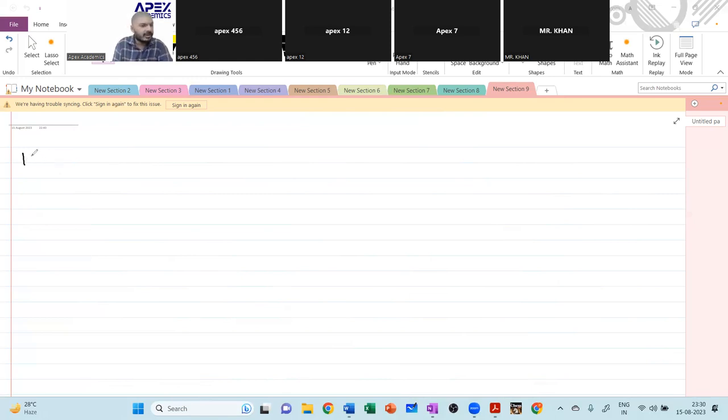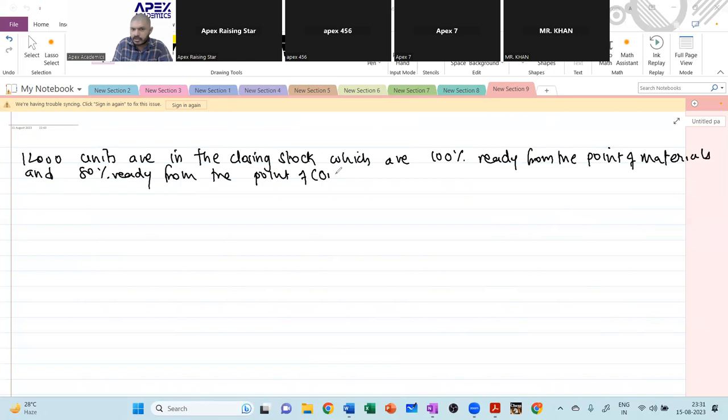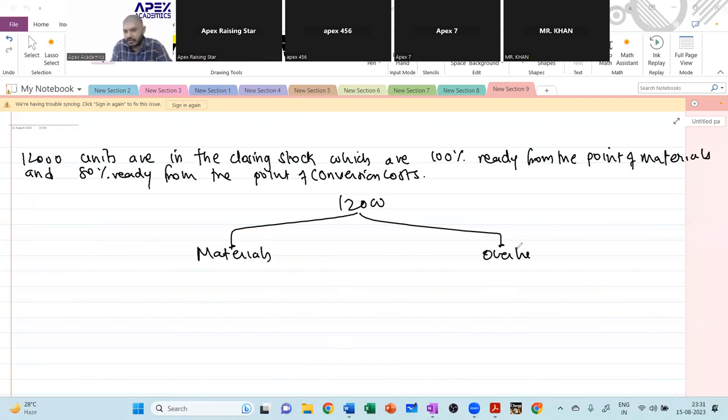Now, suppose I say, let me take 12,000 units in the closing stock, which are 100% ready from the point of materials and 80% ready from the point of conversion costs. 12,000 units are split into two from the angle of materials and from the angle of overheads.